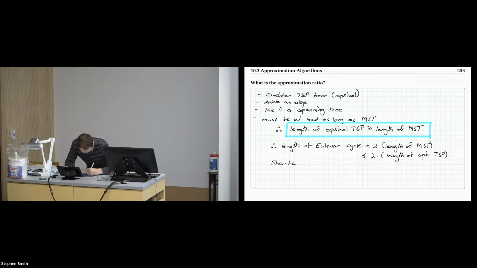And then shortcutting can't increase length, by the triangle inequality.